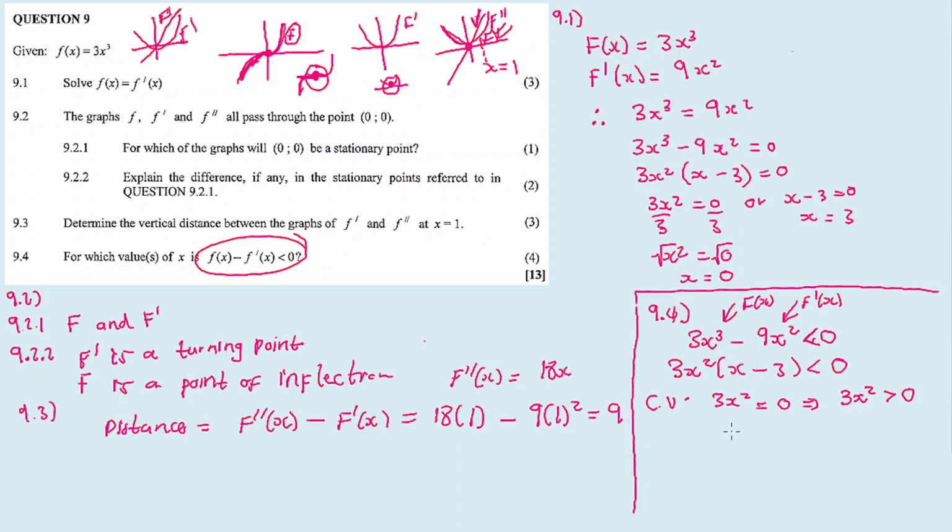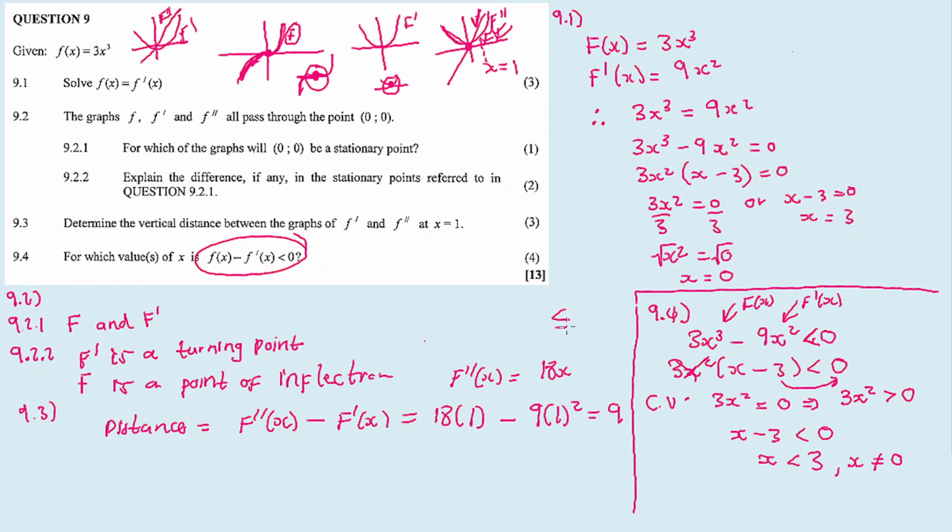But for x minus 3 less than 0, I just eliminate this one because its solution is always positive, and then for x minus 3 less than 0 we take it from there, x less than 3, but x must not be equal to 0. It's strictly less than.